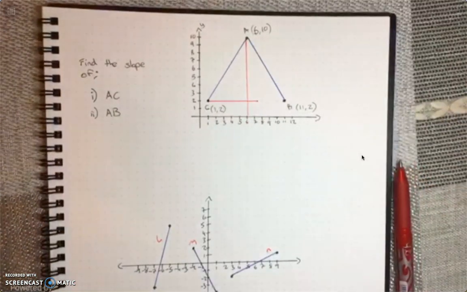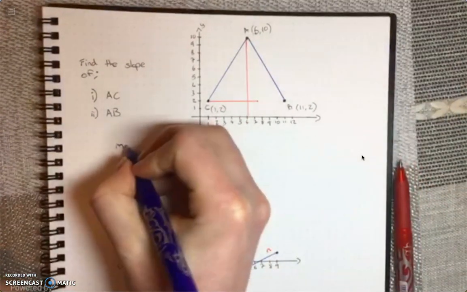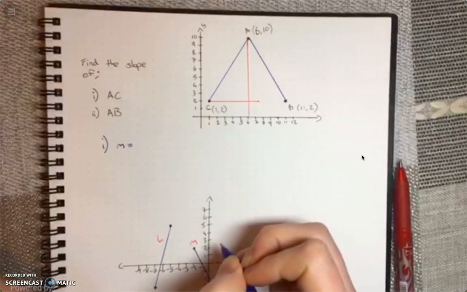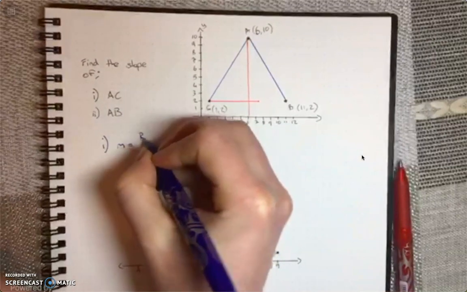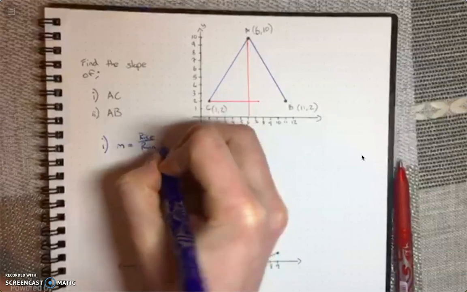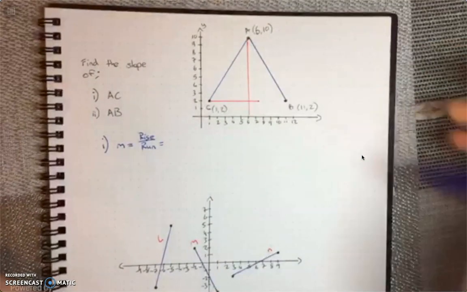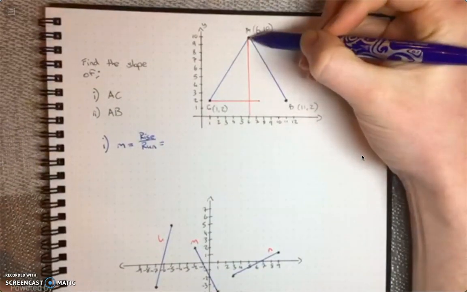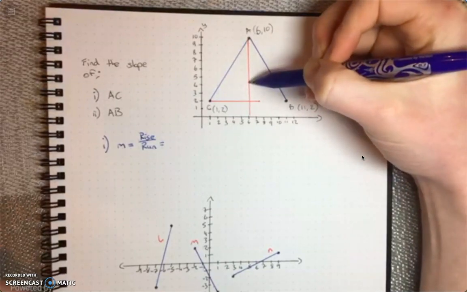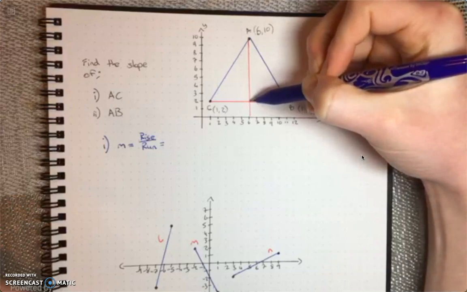So for AC, my slope, which we call M, little m as well, not like the midpoint, it's the rise over the run. The rise, we start at this box and we go down 1, 2, 3, 4, 5, 6, 7, 8 boxes.